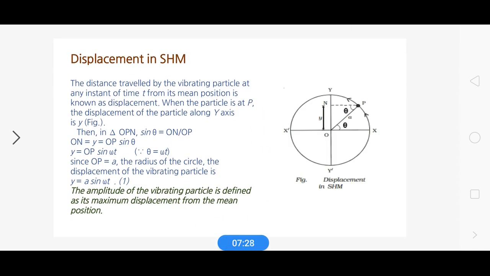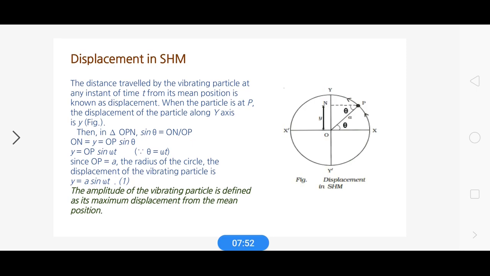Then we go for the displacement in SHM. The distance travelled by the vibrating particle at any instant of time t from its mean position is called displacement.